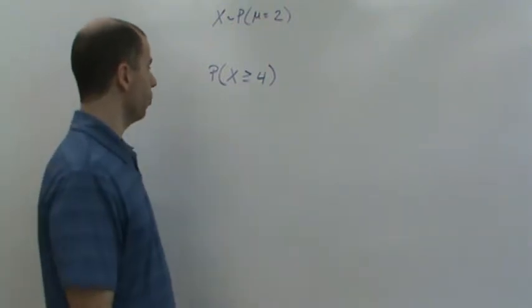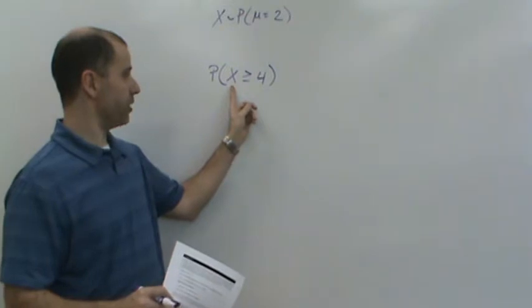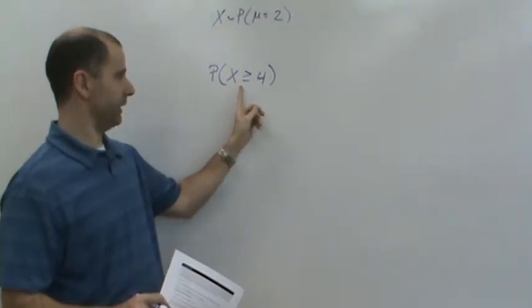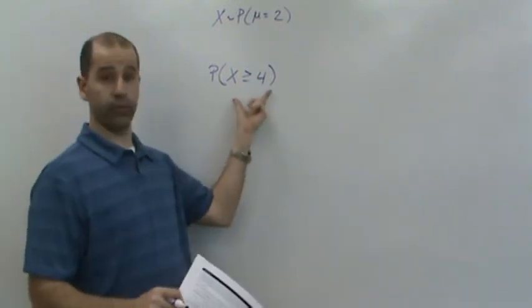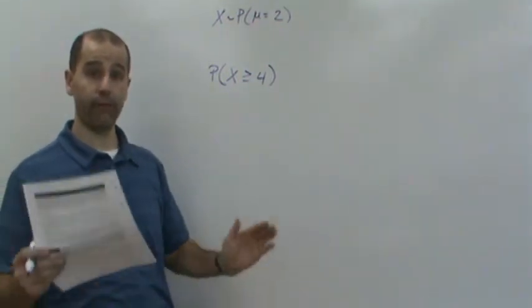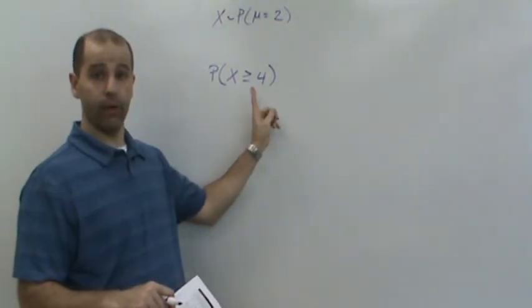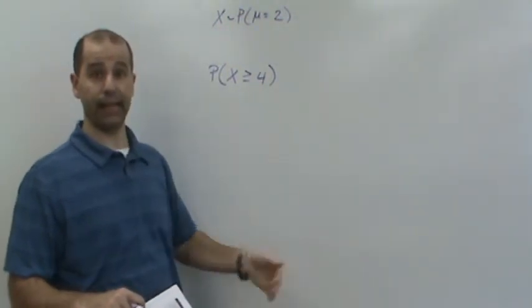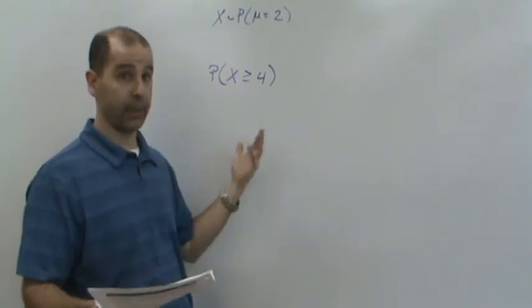So again, remember, what does this mean? It means all values of x, the probability that x is equal to 4 or greater. That means the number of loaves of bread that could be put on the shelf in a 5-minute period of time could be equal to 4, 5, 6, 7, 8, 9, 10, on and on. So it could hypothetically be infinite.